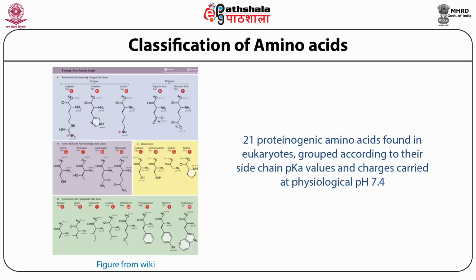Amino acids which have uncharged side chains like serine, threonine, glutamine, asparagine, and special amino acids: cysteine, selenocysteine, glycine, proline. And lastly, a group of hydrophobic amino acids and those having aromatic rings in their side chains.